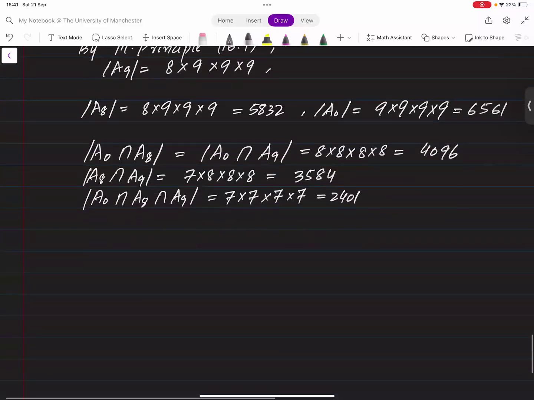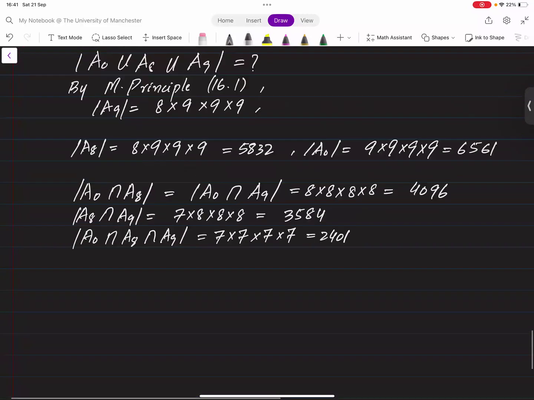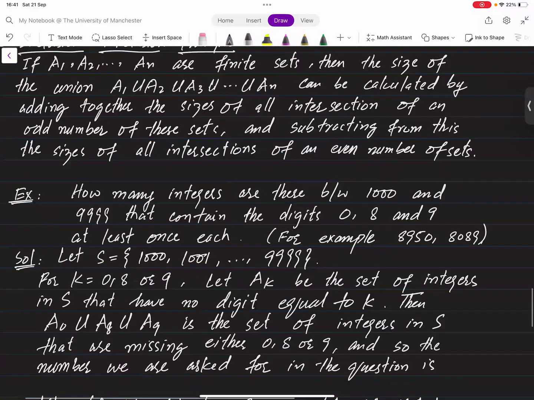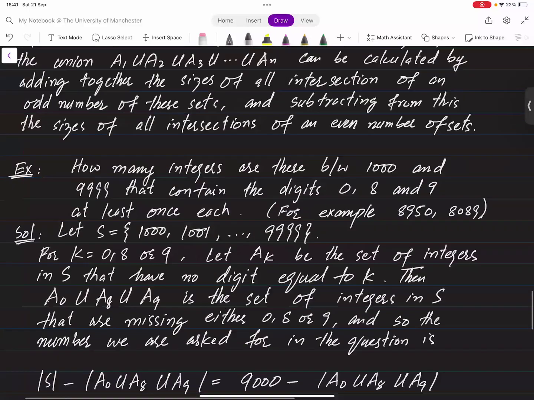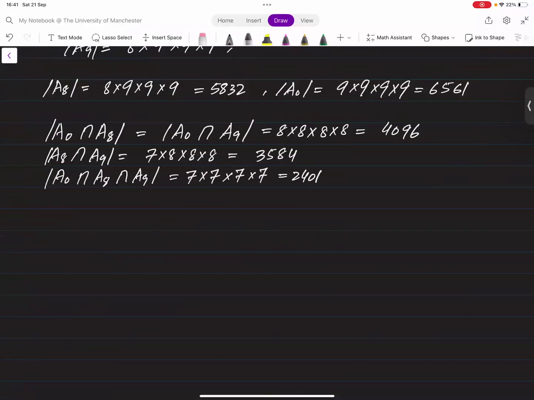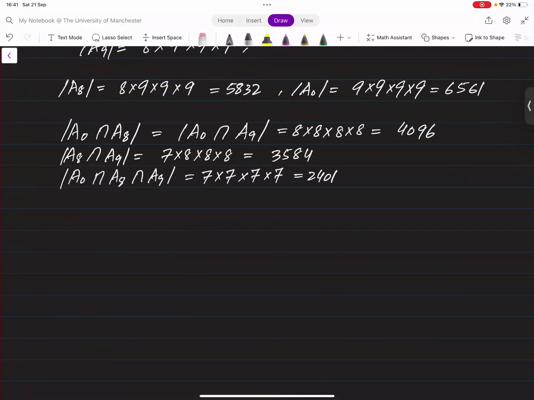Therefore, by this equation 17.1, we have the order of A0 union A8 union A9 is equal to, with all of these numbers, 8850.